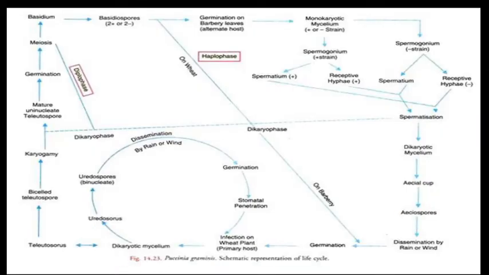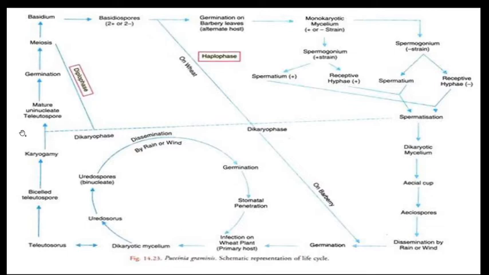Then this is the complete diagrammatic representation of Puccinia graminis. This schematic representation shows 5 different stages of spores which complete their life cycle on 2 different host plants, that is wheat and Berberis vulgaris.